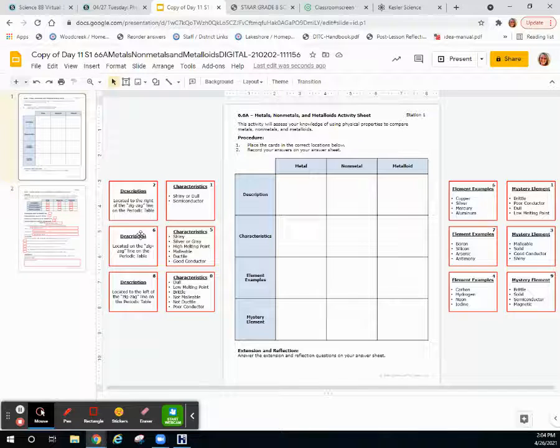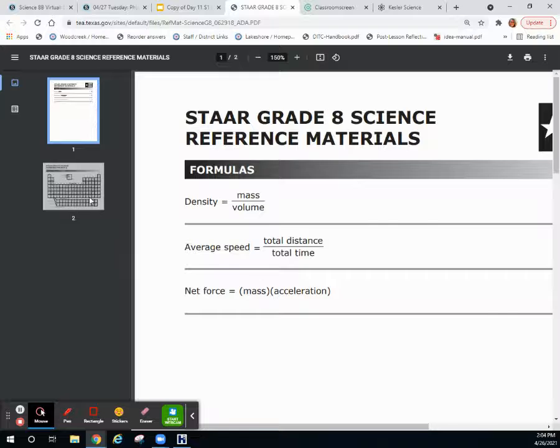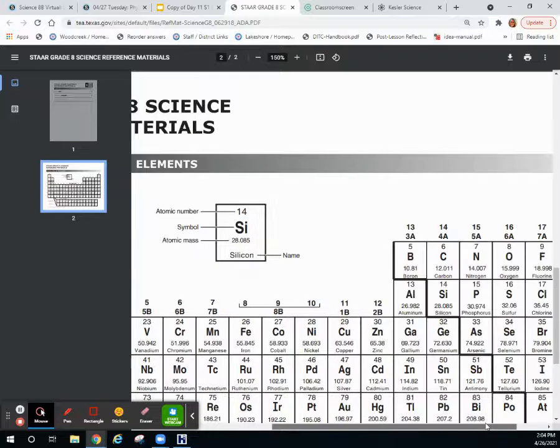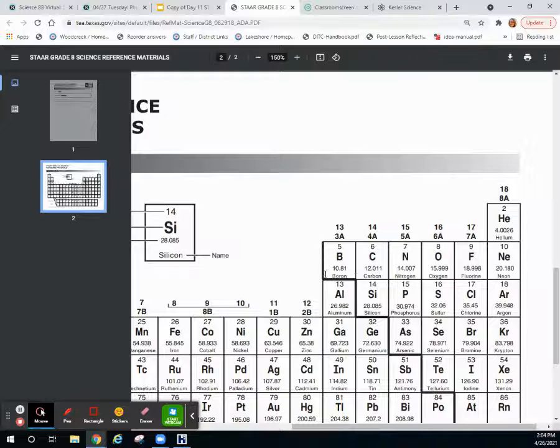For example, we need to identify where on the periodic table our metals, nonmetals, and metalloids are. The easiest to identify are our metalloids. If we look at our periodic table here, we can see our metalloids are always located here on this staircase.